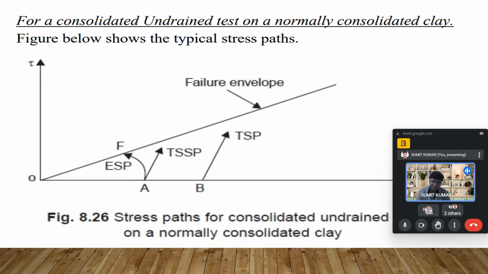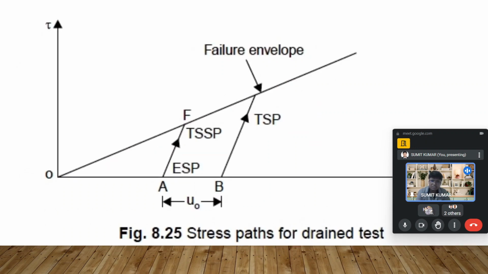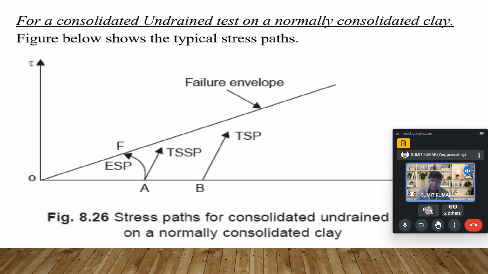So now, in a similar manner, if we look at the consolidated undrained test on a normally consolidated clay, the figure below shows the typical stress path. Over here you can see the ESP, TSSP and the TSP.